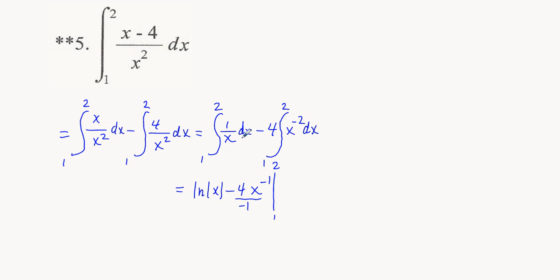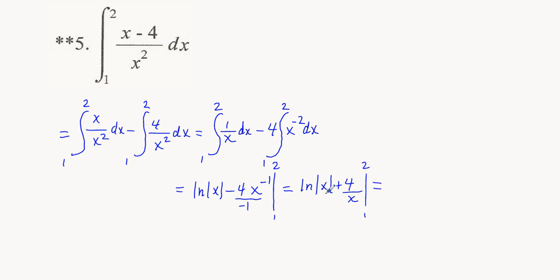So we put these back into a single term. And working to the right, we're going to have the natural logarithm of the absolute value of x plus 4 over x, because x to the negative 1 power is x in the denominator, from 1 to 2.